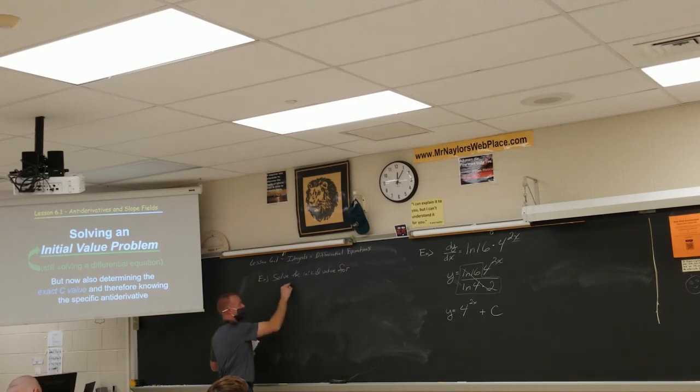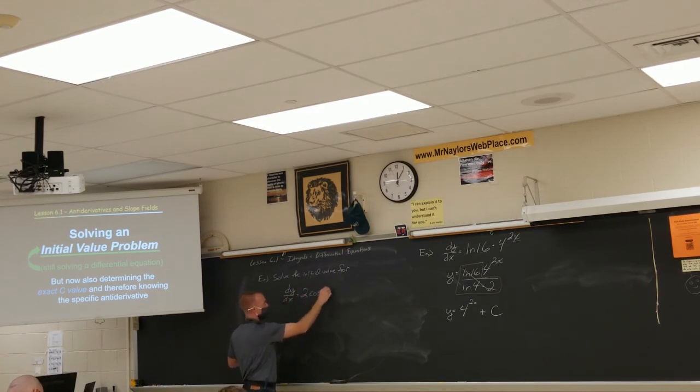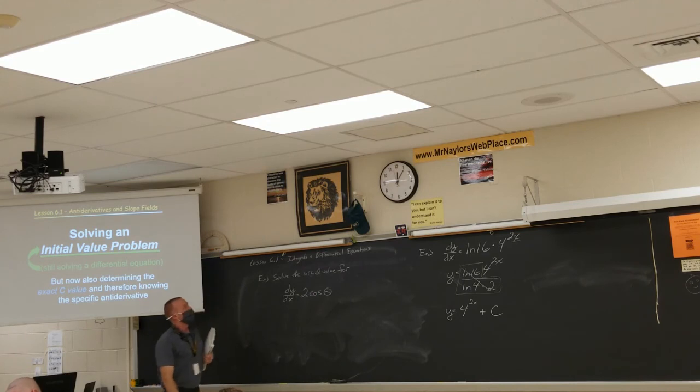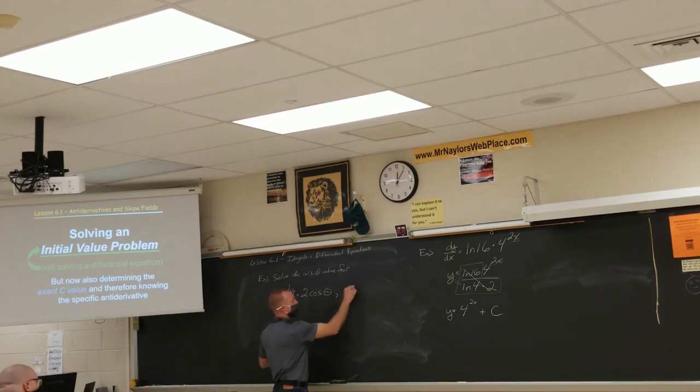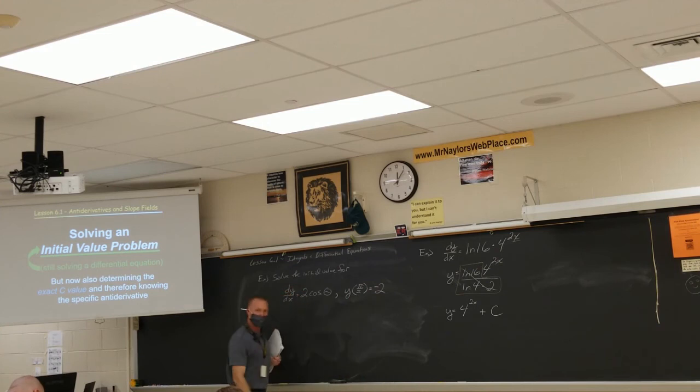And then you'll have a differential equation. So how about we do something with a trig function since we didn't do one of those today. And there'll be something at the end that you can't ignore, and that will be kind of like the little tip off that this is an initial value problem.